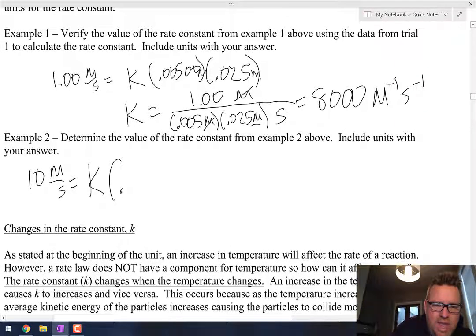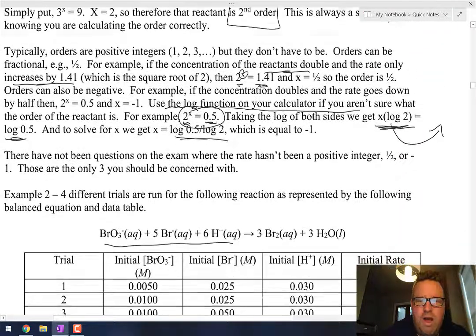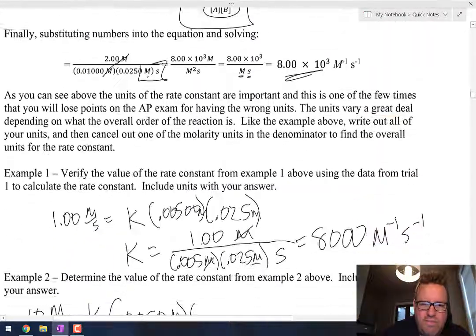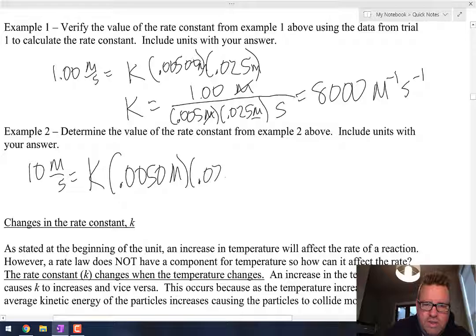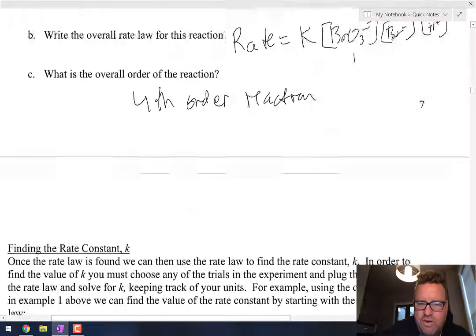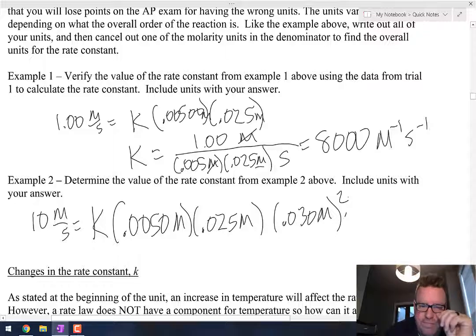So K times 0.0050 molar times, and then Br minus is 0.025 molar, and then the H plus, I think it was 0.030. Let me just verify that. Yeah, 0.030. Okay, so from trial 1, 0.030 molar, close parentheses, then square it. So those molarities inside of there are squared.